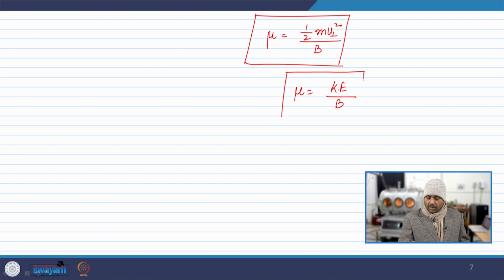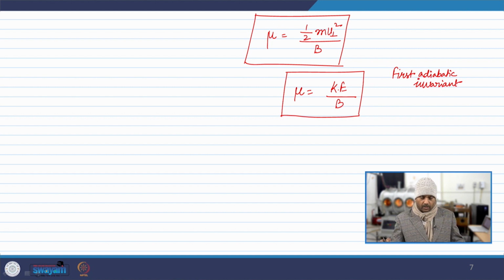So, this magnetic moment decides what is called the first adiabatic invariant. Okay. So, whether the particle is moving with higher angular frequency, but with smaller radius of gyration, or if the particle is moving with higher radius and smaller angular frequency, the magnetic moment generated will be like this.